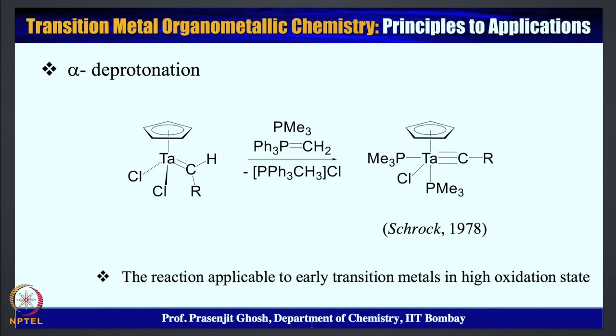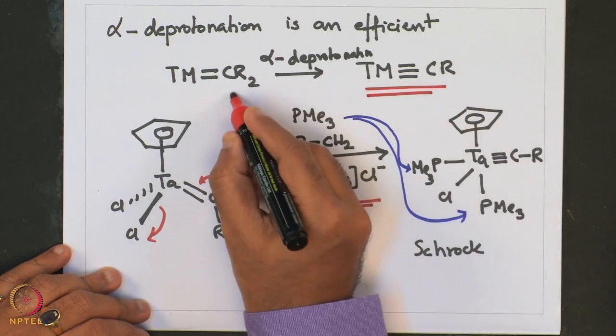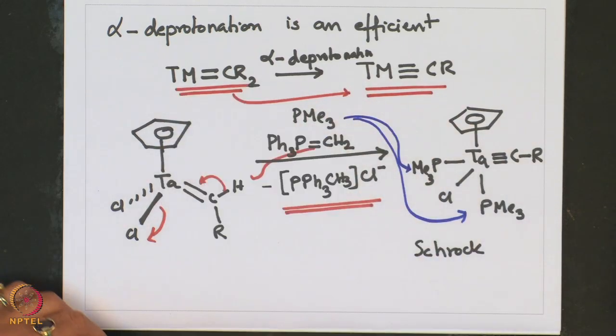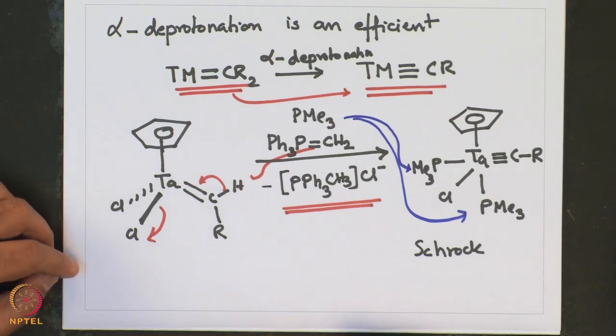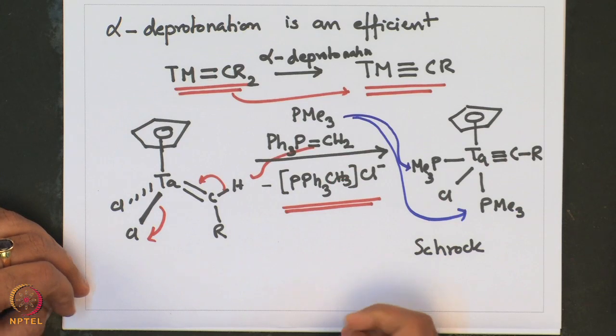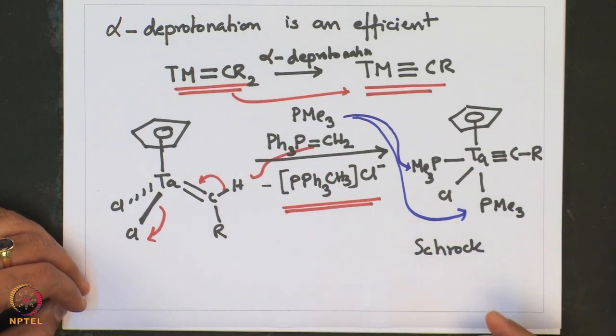And here also we see the parallel existence of a similar strategy, where the carbyne moiety is formed from the carbene moiety. Like the Fischer synthesis of treating a Fischer carbene with Lewis acids like BX3 resulted in a carbyne, similarly the Schrock strategy of taking a Schrock carbene and treating it with Ph3P=CH2 in presence of PMe3 yielded the Schrock carbyne.